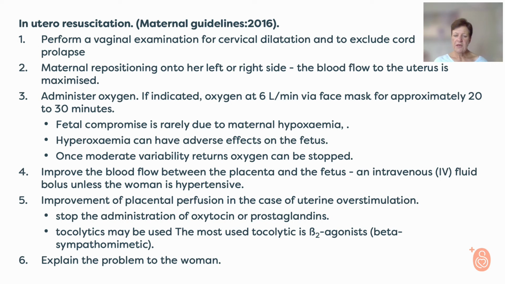We also need to improve the placental perfusion in the case of uterine overstimulation, specifically where patients are being induced or labor has been augmented with oxytocin or with prostaglandins. We need to stop the administration of the oxytocin and the prostaglandins immediately. With oxytocin, it's easy because we just stop the IV infusion.